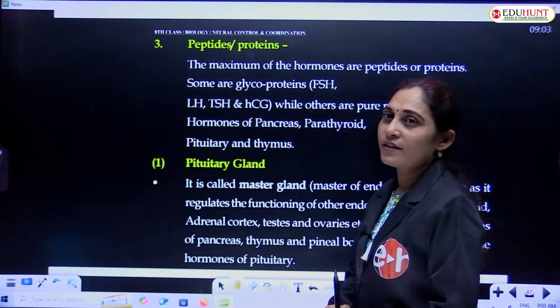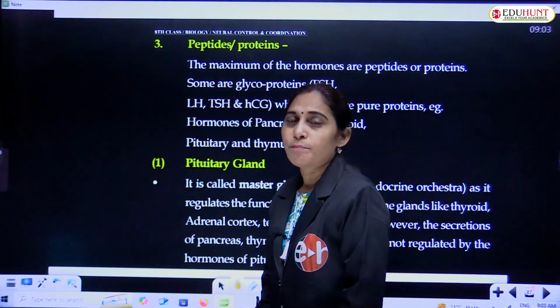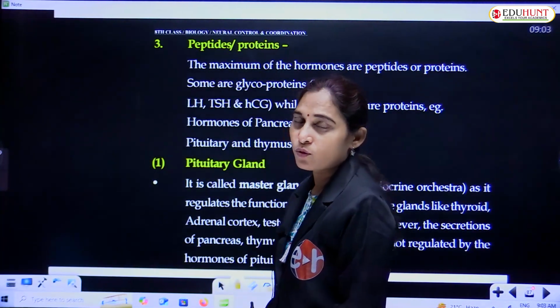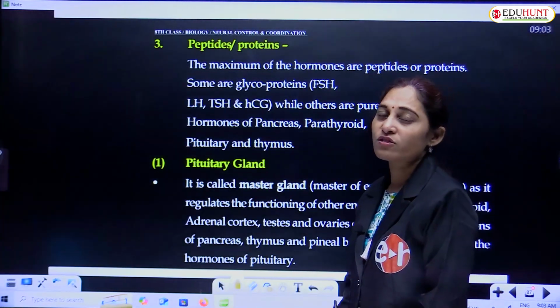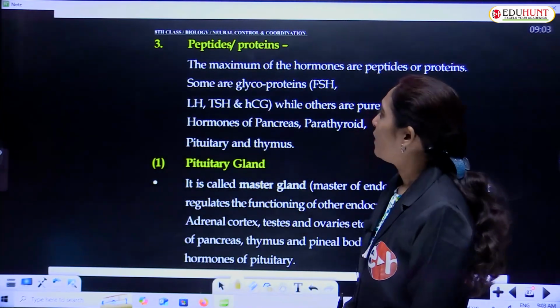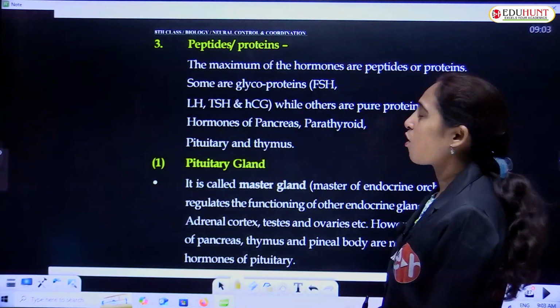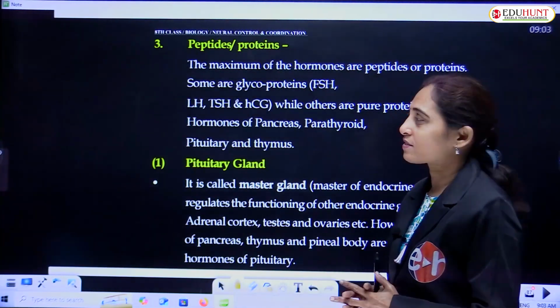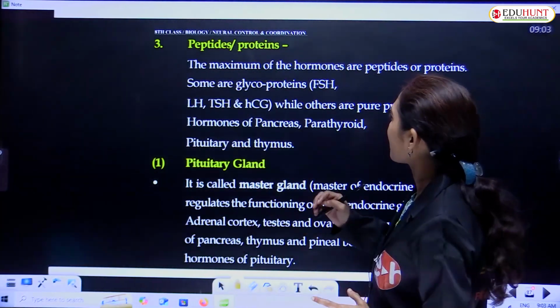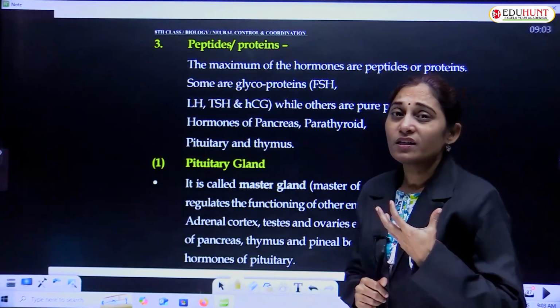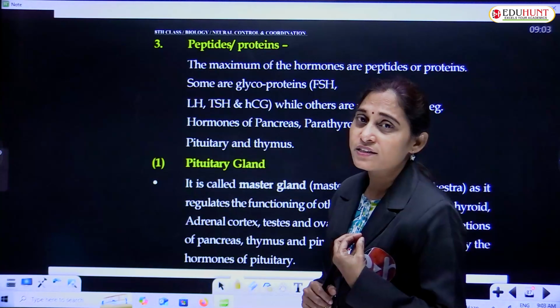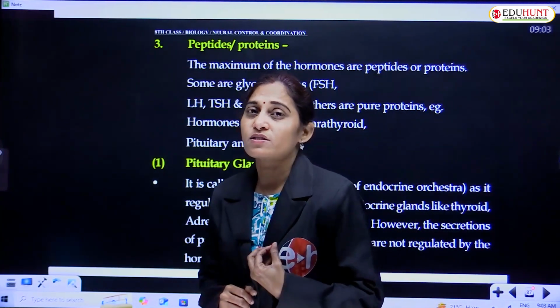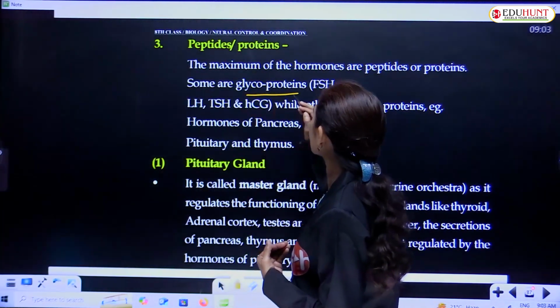And the next category of hormones is peptide hormones or the proteinaceous hormones, where the hormones consist of proteins. The maximum number of hormones are of this kind, and some of the proteins are associated with sugars, called glycoproteins.